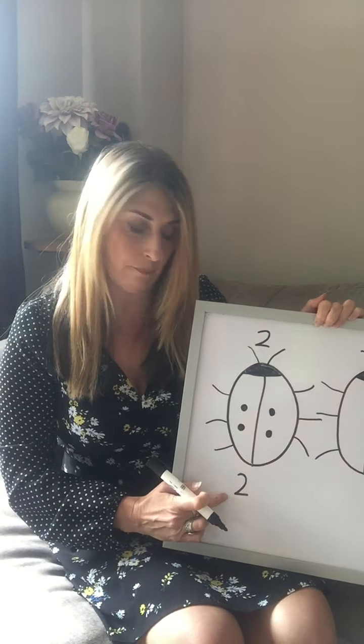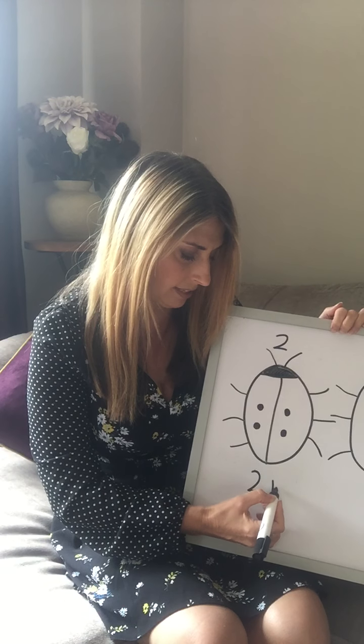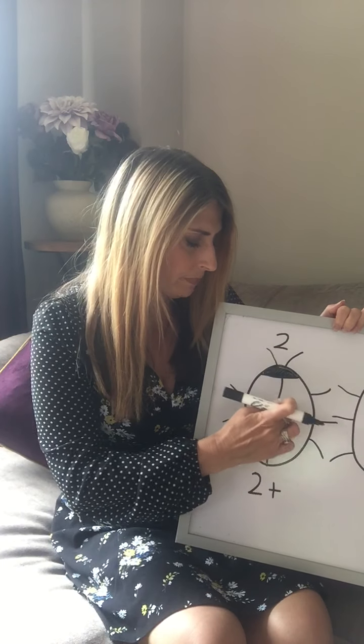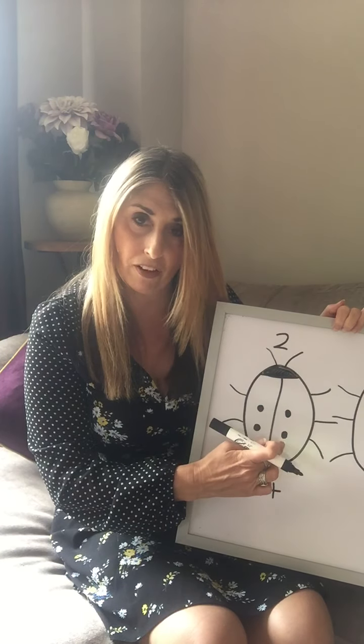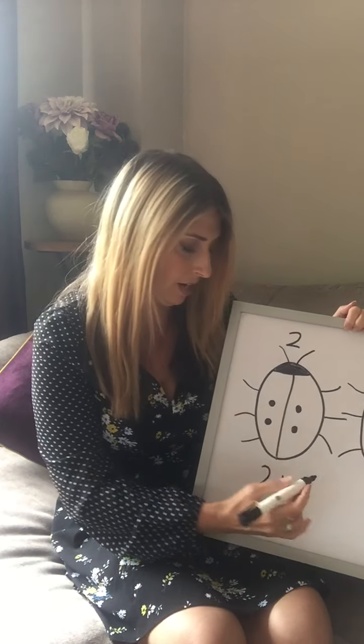And we are adding them all together to find the double. So I'm going to put add there. And we are adding another 2 because both sides have the same amount.